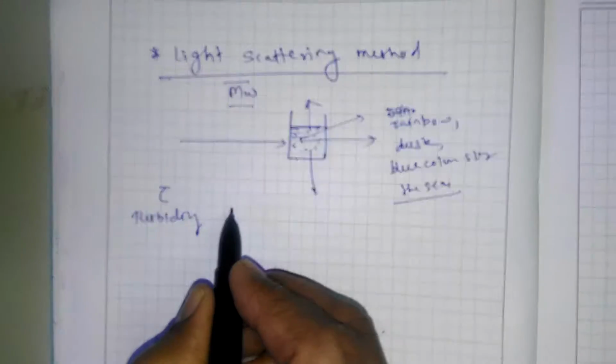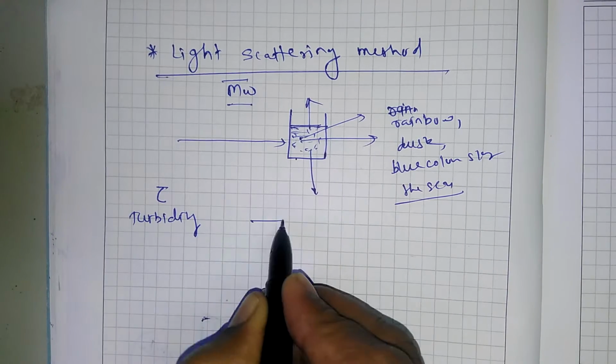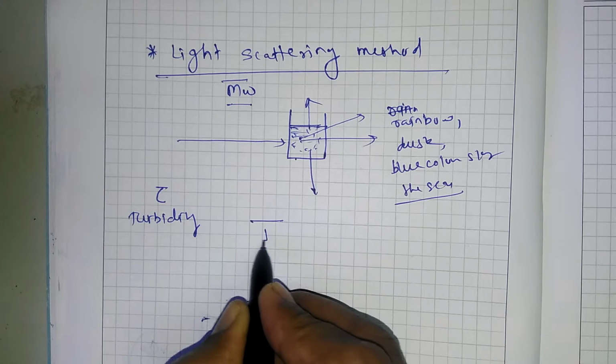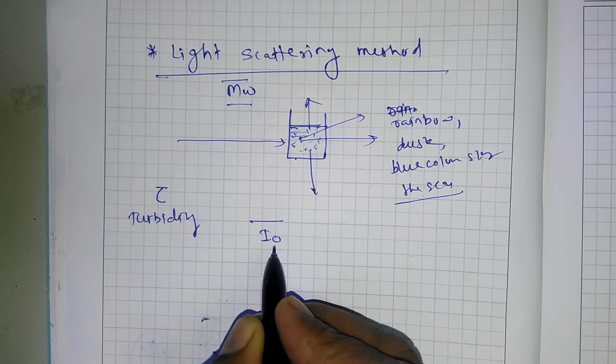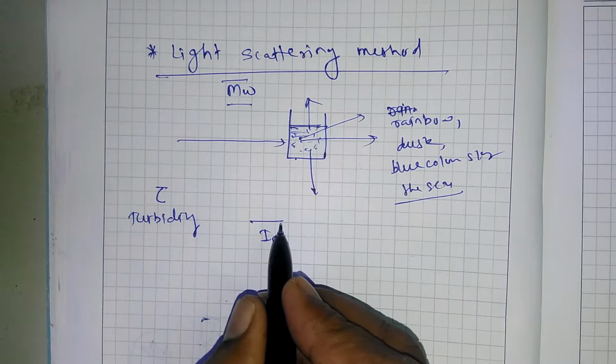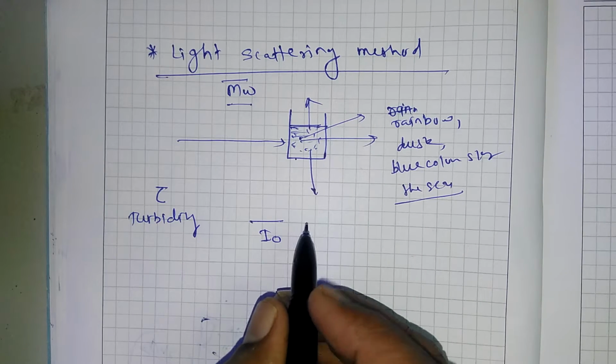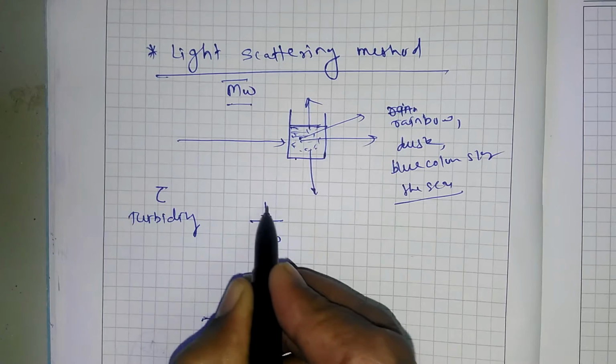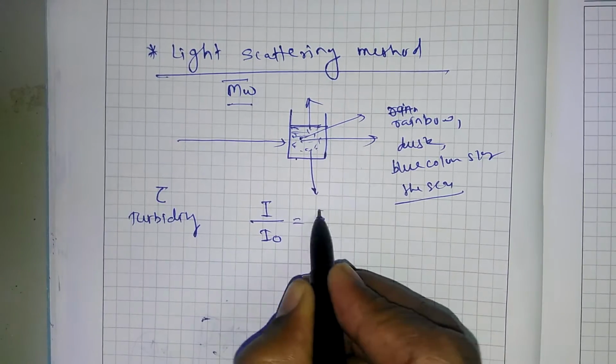It is called the turbidity, tau. It may be defined as the fraction of incident light I0 which is scattered per centimeter length of the solution through which it passes. So we can write this in this way also.